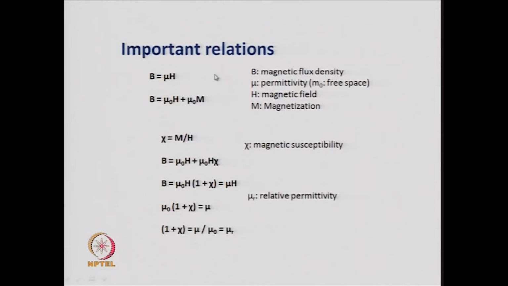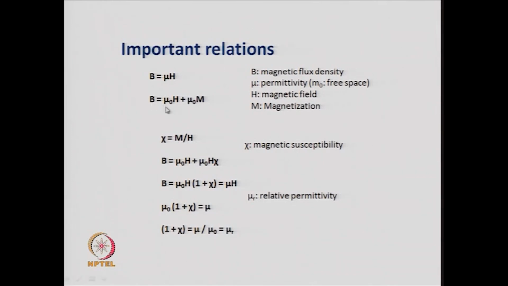So, the same equation is coming here, where B is equal to mu H, where mu is the permeability, which is normally written as permittivity in dielectrics, and in magnetization it should be permeability, and mu naught is the permeability of free space when there is no material, something like vacuum.